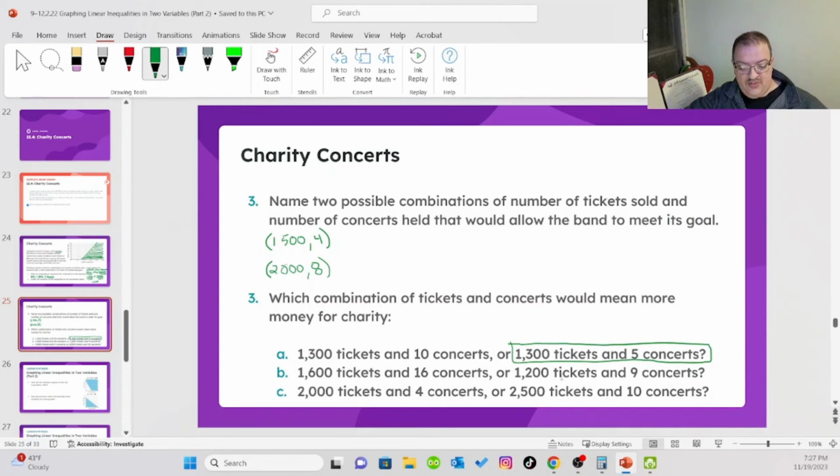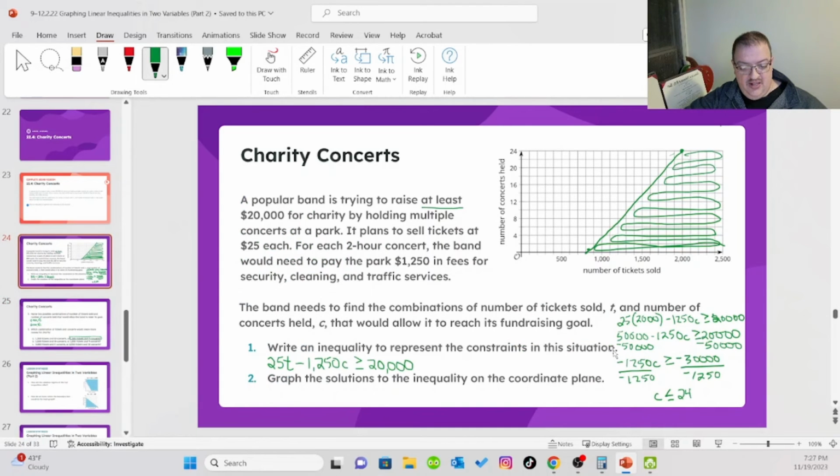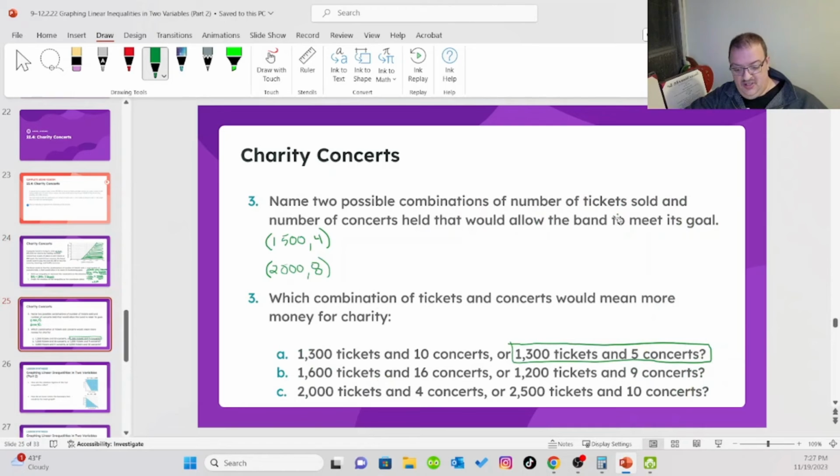Or 1,200 tickets and 9 concerts. 1,200 is here. 9 concerts is above the line in the non-shaded area, so that would be less than 20,000. So for B, our better option is this one. It would make 20,000, whereas the other one would make less than 20,000.